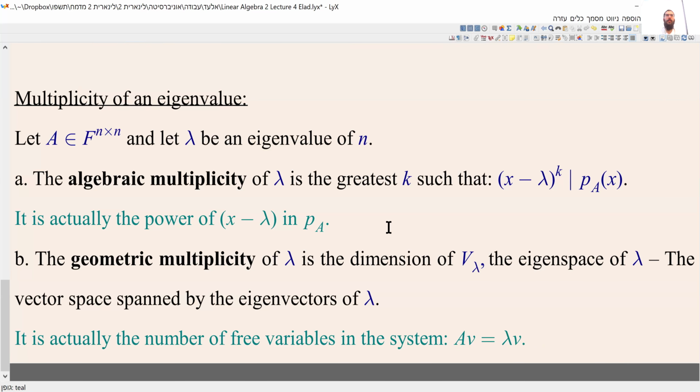Let's have an example. It's important in order to start to grasp the understanding of what we wrote. For example, we look at a matrix. Let's do it a bit more complicated, not very complicated.